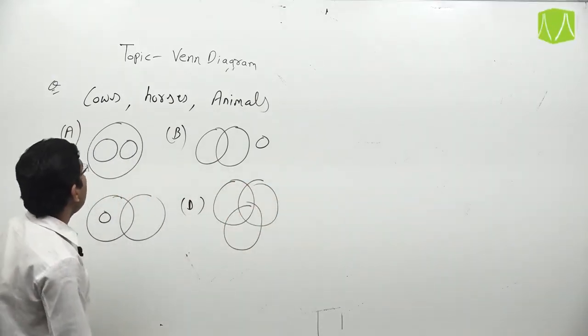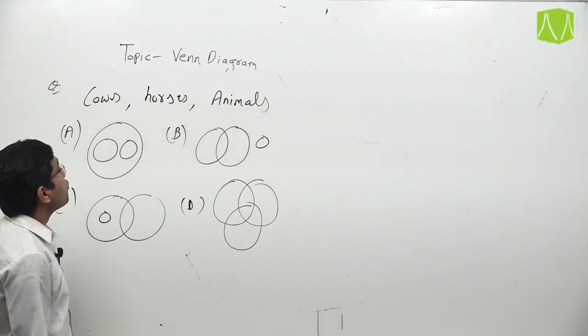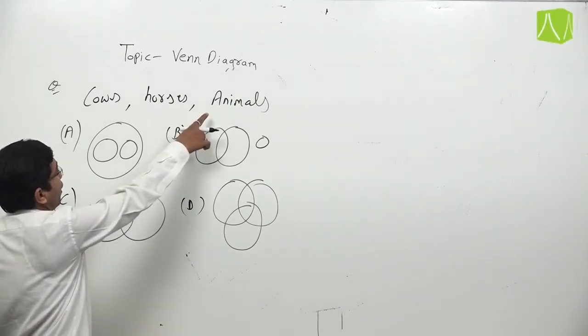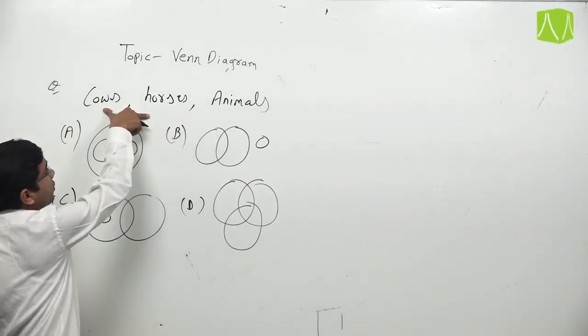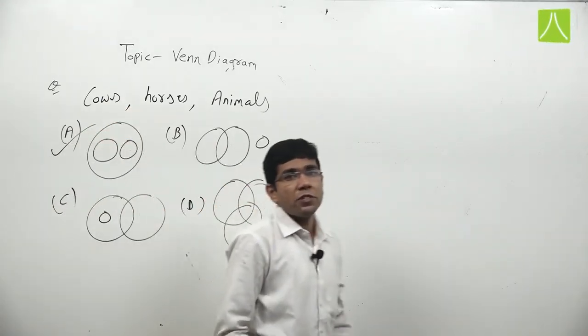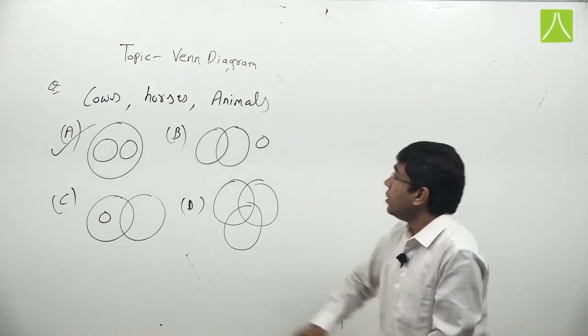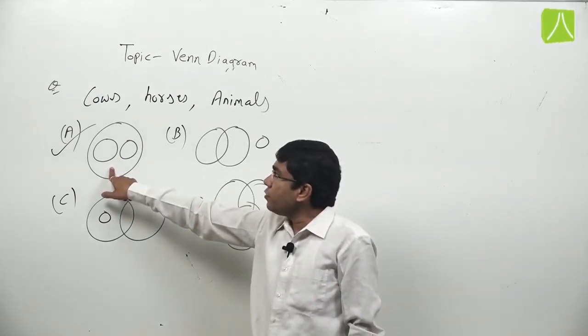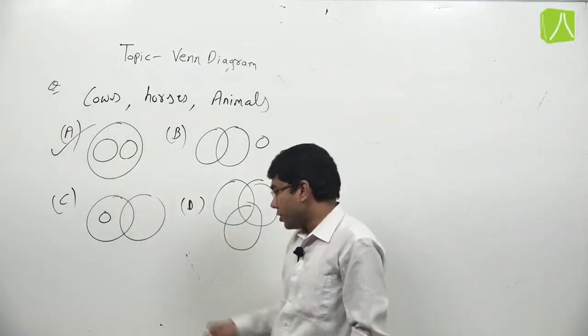Now we have to find the proper Venn diagram for cows, horses, animals. Friends, in the circle of animals, these are two different animals. So our answer for this question should be option A. Animals are denoted by this circle, with a circle for cows and a circle for horses.